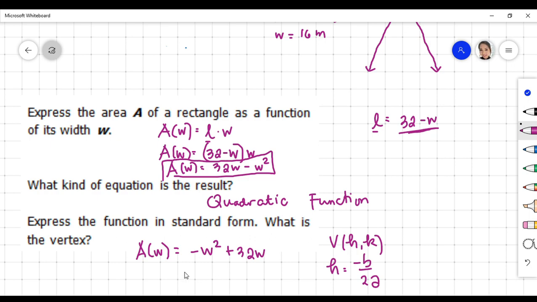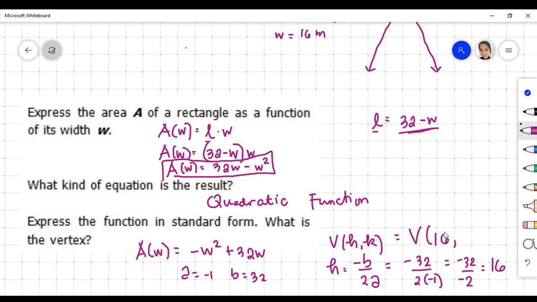So our A here is negative 1 and our B is 32. So solving H, we have negative 32 over 2 times negative 1. So that is negative 32 over negative 2, and that is equivalent to positive 16. So our H is 16.